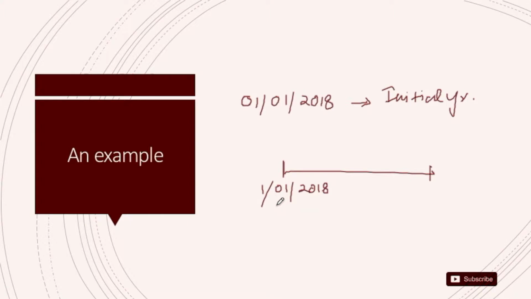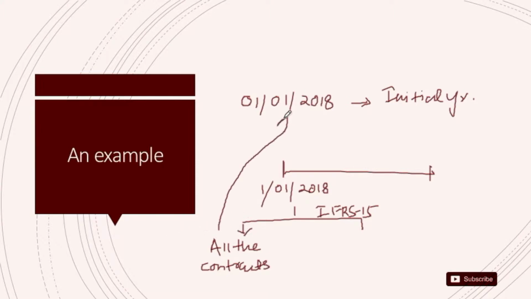You have the option, on this date, to apply IFRS 15's requirements to all the contracts that are there on 1st January 2018 with you, or you can apply only to contracts that are yet to be completed.